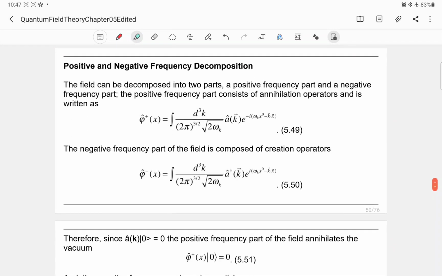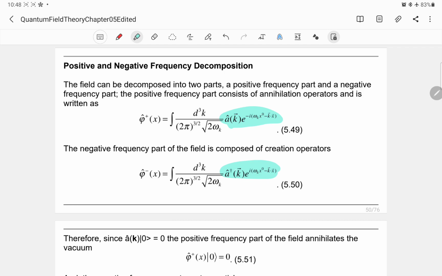So let's look at the positive and negative frequencies, the decomposition of the field. The field can be decomposed into two parts, a positive frequency part and a negative frequency part. The positive frequency part consists of annihilation operators, and you have this part, and of course the negative frequency part, which is the field composed of creation operators.